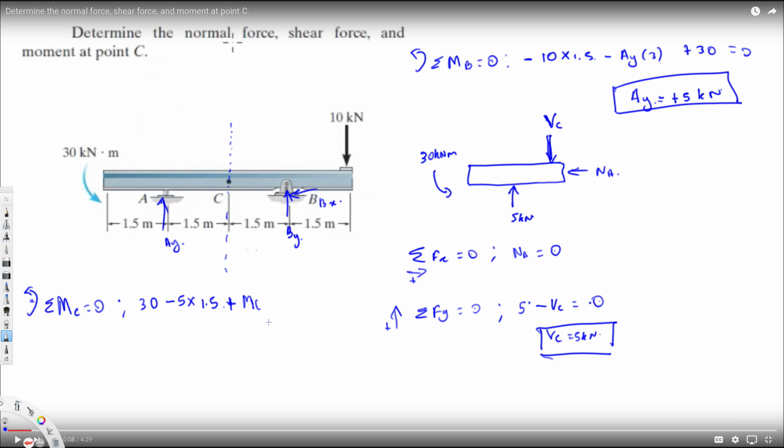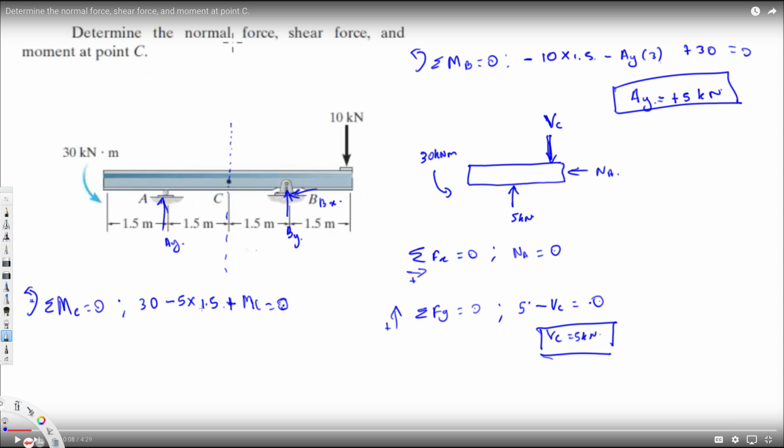It depends on the final answer, because if you get negative, the sign is going to change anyway. If you get a positive answer, it means the moment is acting counterclockwise. If you get negative, it means it is acting clockwise.